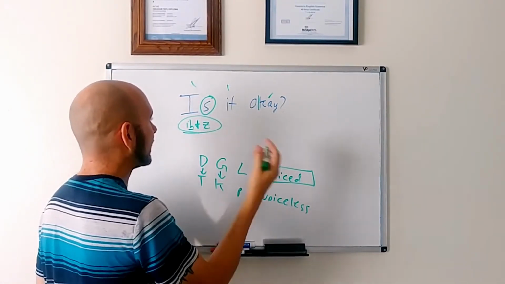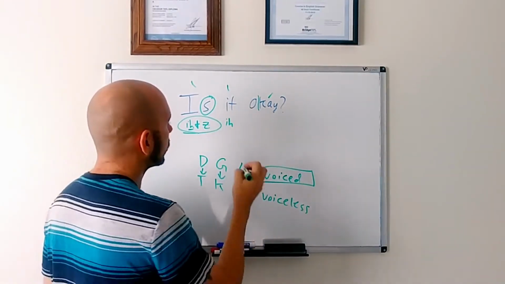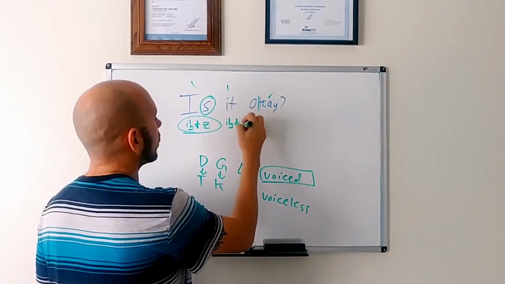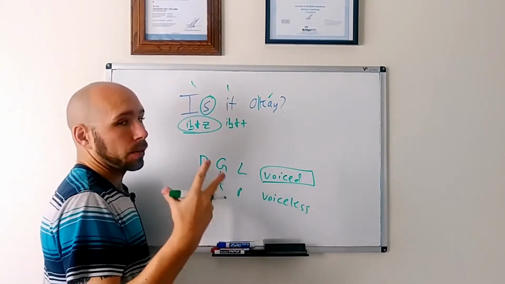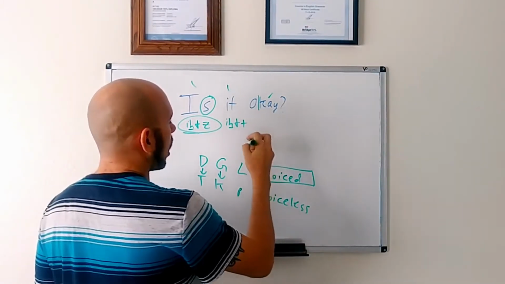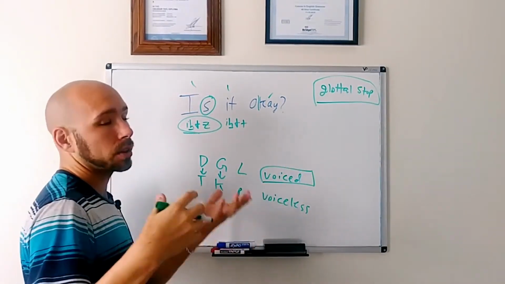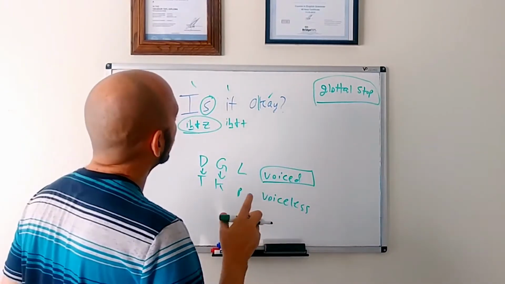So "is." Next here we have I again, second vowel sound, and we're going to add the T sound. Now remember, the T at the end of a word is what? A glottal stop. This is a very important part of English. We use glottal stops in various ways on various sounds, not all sounds.